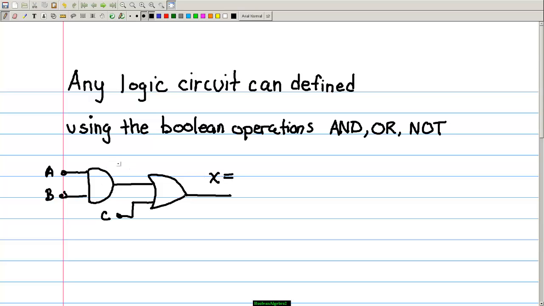Well, we know that the output of the AND gate is A and B, and we know that the output of the OR gate produces the OR sum of these two inputs.